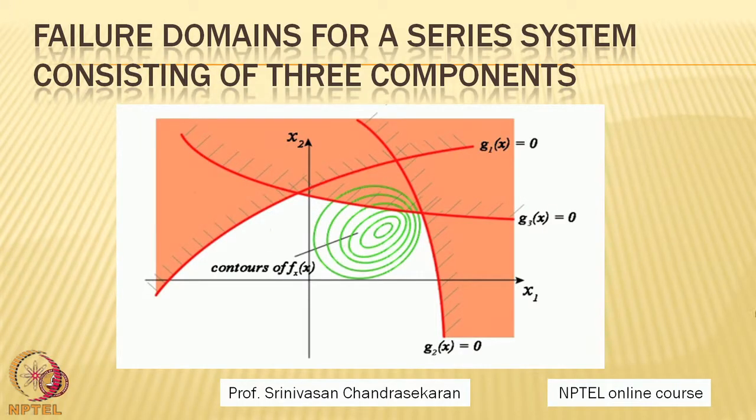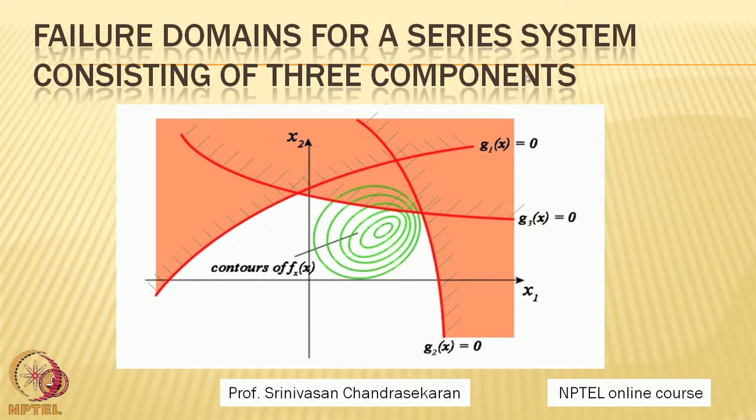The figure shows the failure domains for a series system consisting of 3 components. One can see here G1(x) equal to 0 is indicated by this line, and the failure domain is this area. Similarly, G3(x) is this line, the failure domain is indicated here, and G2(x) is this red line, the failure domain is indicated here.